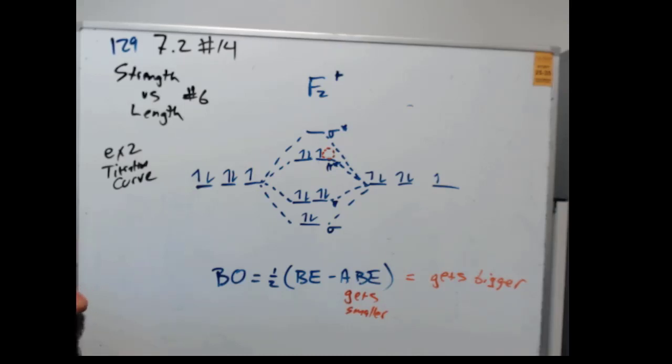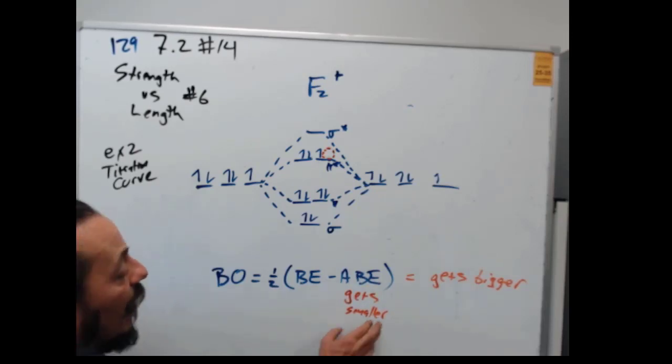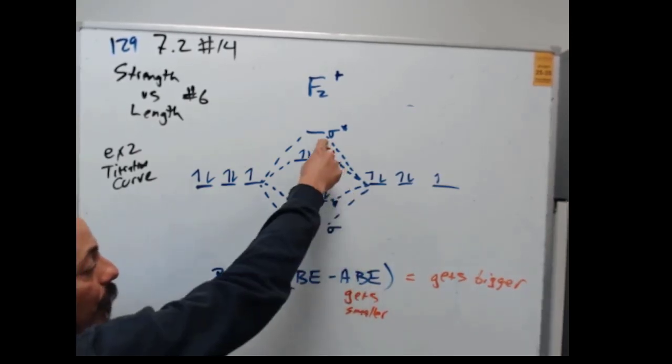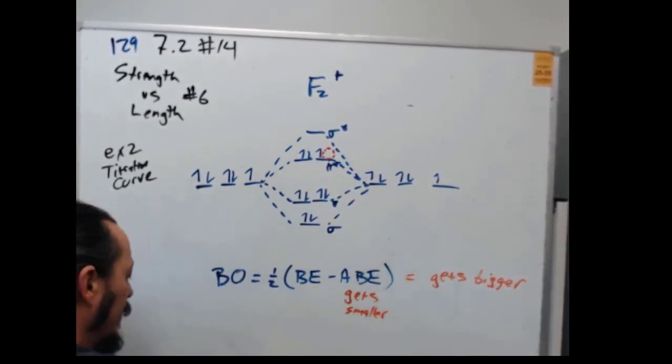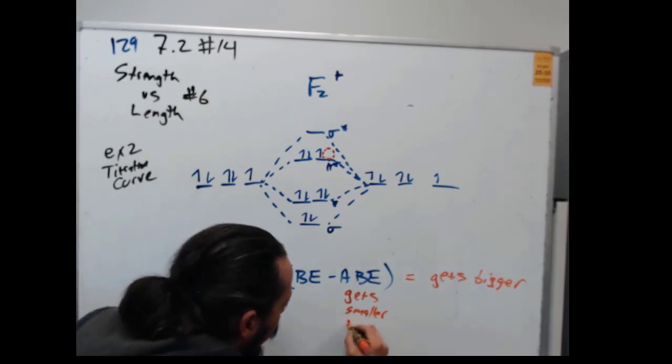The way I remember that, like a little classical picture, is long sticks are easier to break, short sticks are harder to break. As we lost an electron from the antibonding orbital, this antibonding piece that we were subtracting got smaller.